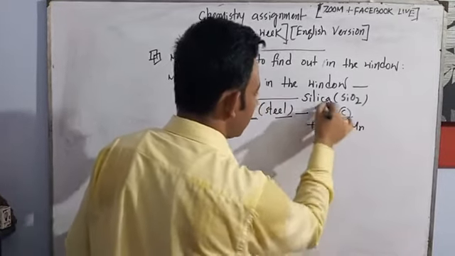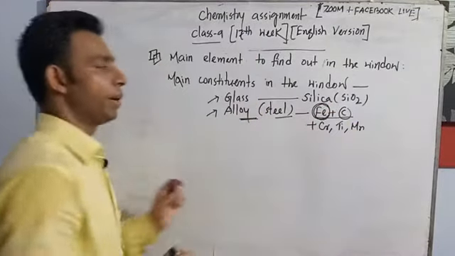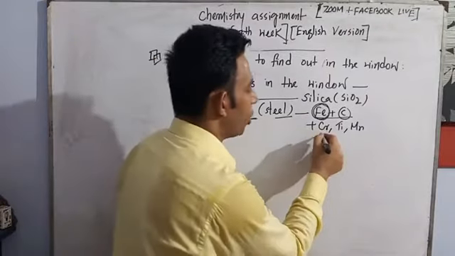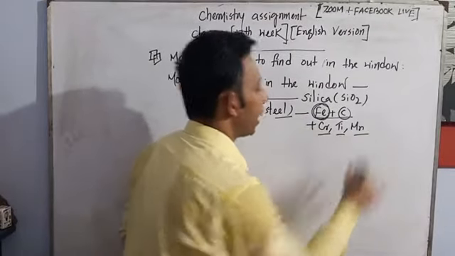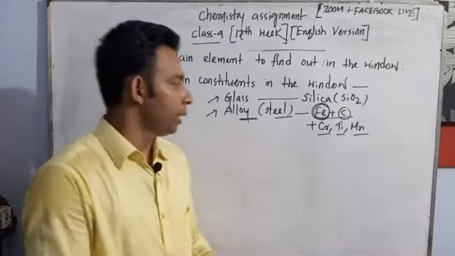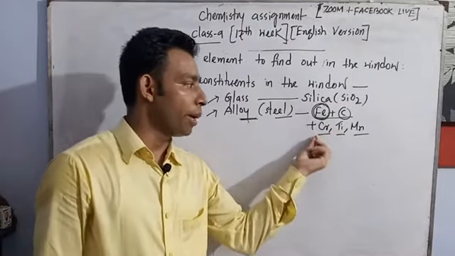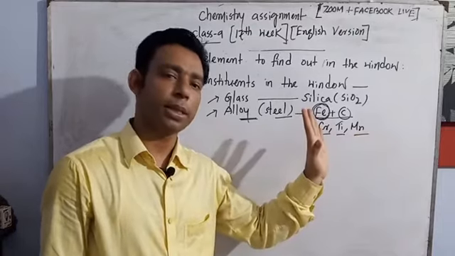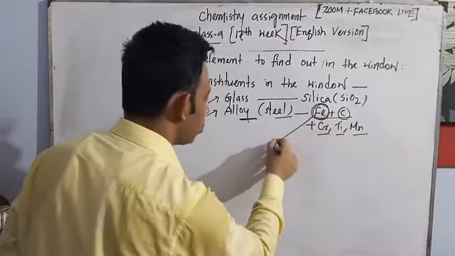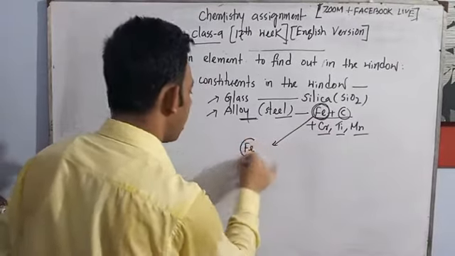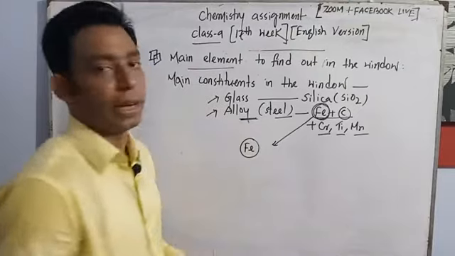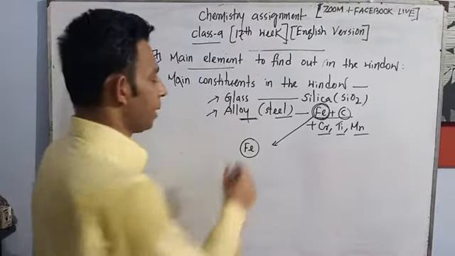The main metal in case of steel is iron, with chromium, titanium and manganese in there. Iron, chromium, titanium and manganese. According to this, iron. The main element to find out in the window is iron.